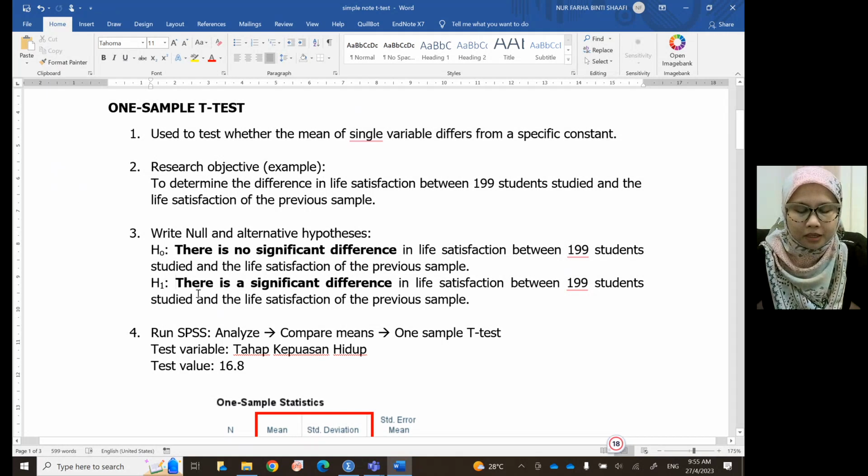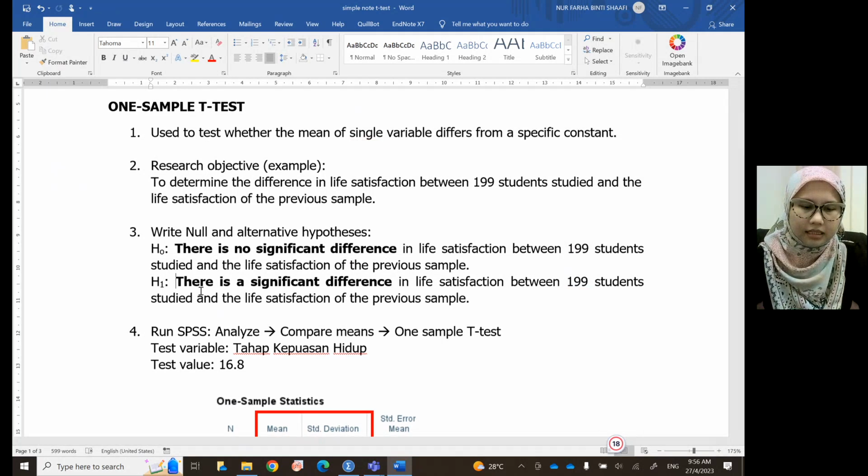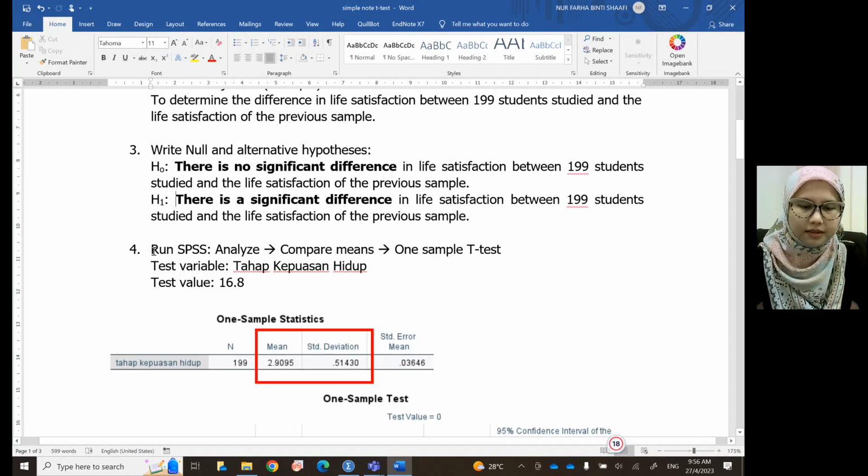So that is the statement for the alternative hypothesis. You have your hypotheses, null and alternative. Now you want to prove whether your H0, your null hypothesis, will be rejected or fail to be rejected.